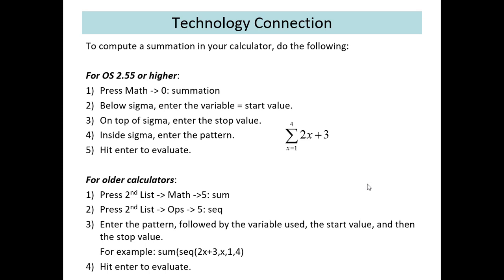And then it's going to give you the sigma, but then you need to enter the index, the start value, the stop value, and then the pattern. One thing that's tricky about the calculator is it's going to give you a set of parentheses. So you have to put this term inside the set of parentheses that it gives you.